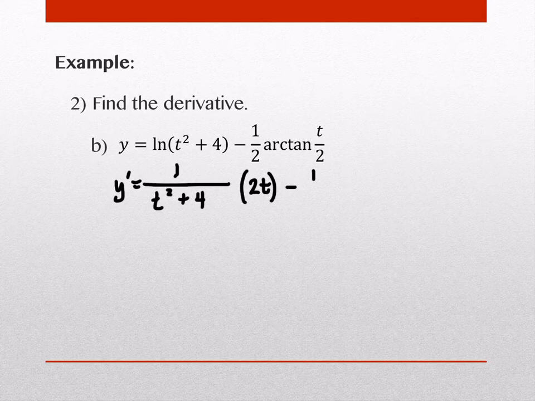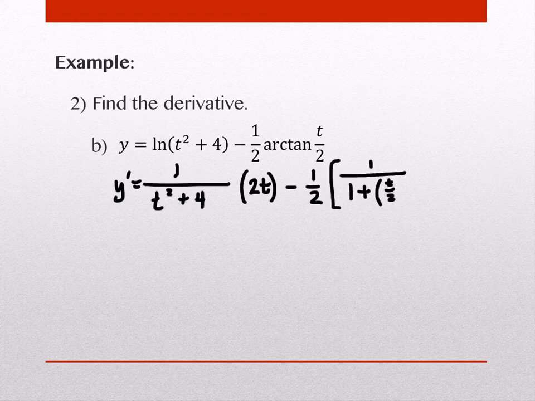All right, the 1/2 at the beginning is a constant multiplier, so I don't really have to do anything with that. But I do have an arctangent. So what is the derivative of arctangent? All right, so 1 over 1 plus x. Well, our x in the problem for arctangent is what? t over 2. So it's t over 2. That looks awful.